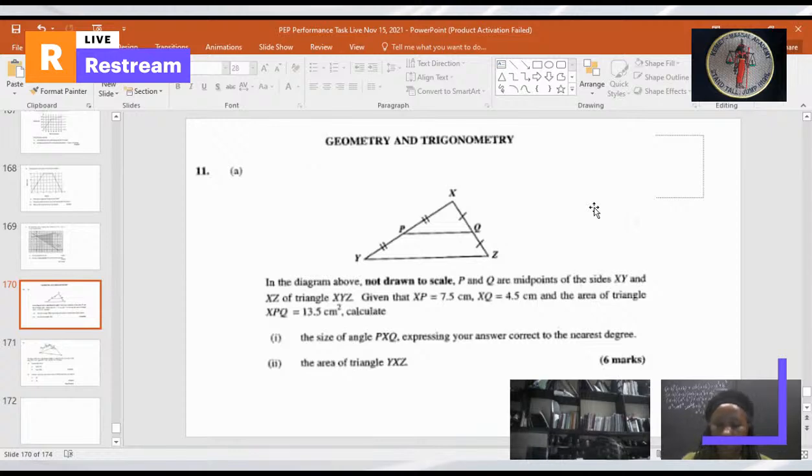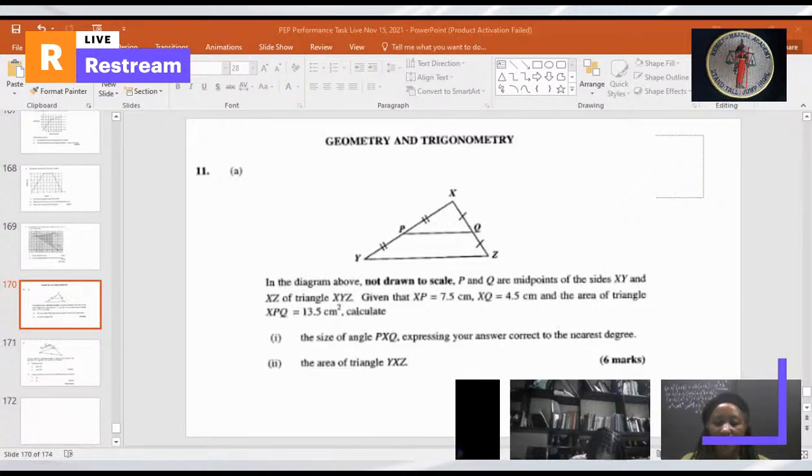So it would be inverse 13.5 over 16.8. And you get what? 53.13. All right, so 53 degrees, that is the angle.